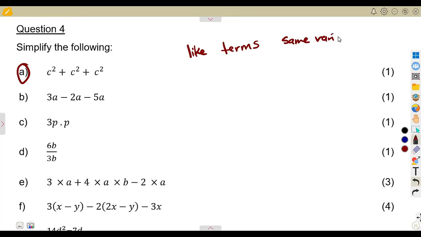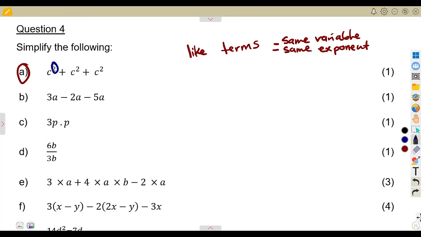So if you're given a certain variable, it must be the same, and also it must have the same exponent, the same power. So this is c, the variable that we're talking about, is the same throughout. And also the exponent, this is 2 throughout.